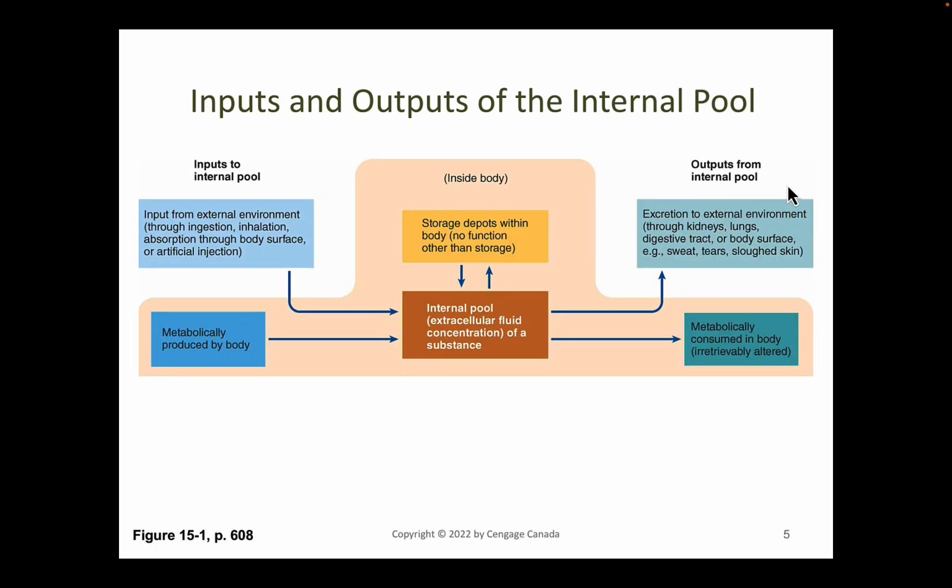Now let's add a little more complexity here. When we're talking about our body, what we mean is our internal pool, or what we have in our extracellular fluid, in our blood and the fluid around our cells. So we have an internal pool of many different substances. This could be water, it could be glucose, it could be iron or another mineral or vitamin.